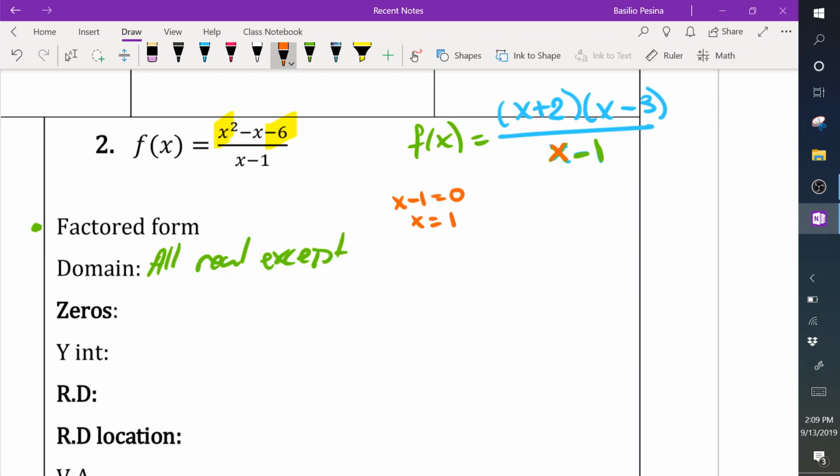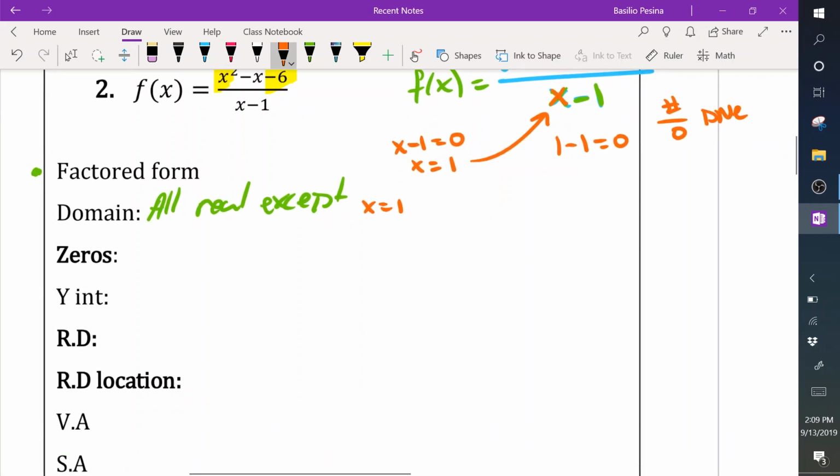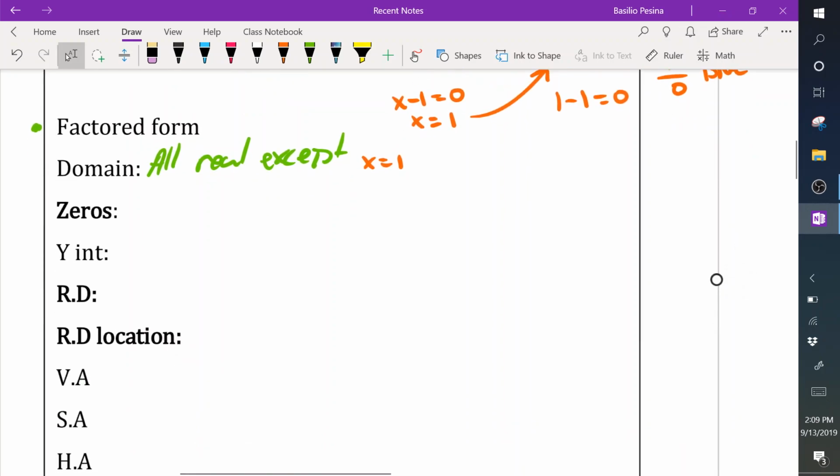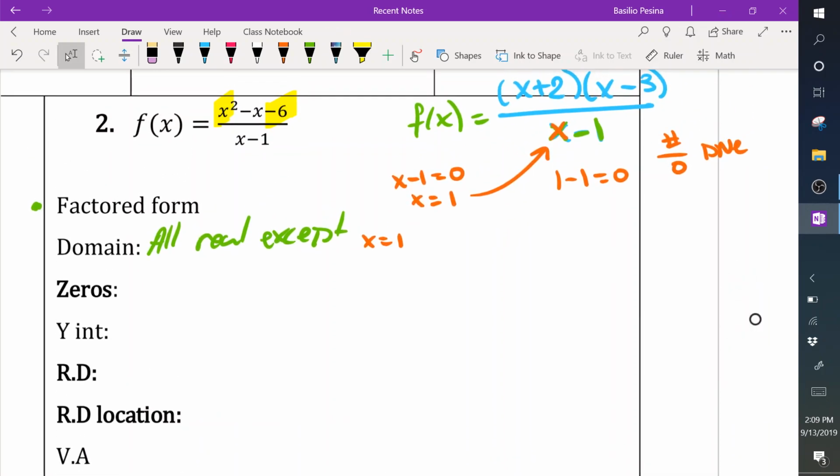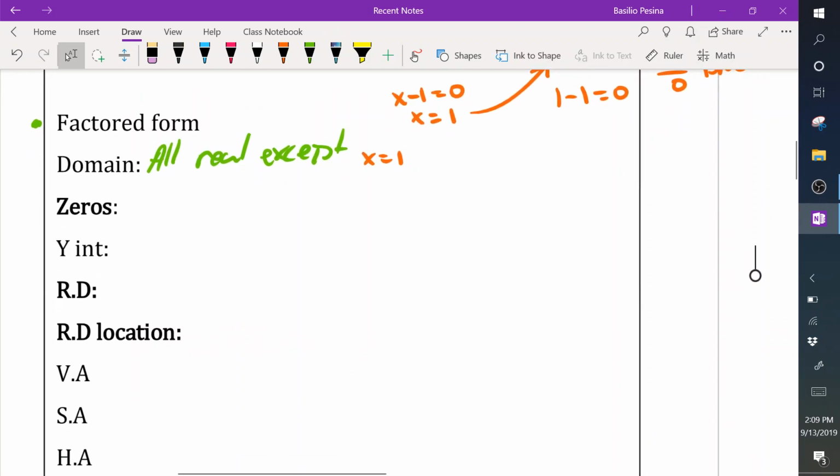So all real except when x equals 1, because if I put a 1 right here, it's 1 minus 1, 0. Can I divide any number by 0? Well, no, that does not exist for us so far. So I can have any number except for x equals 1. Now what I want to see is what happens as x equals 1.